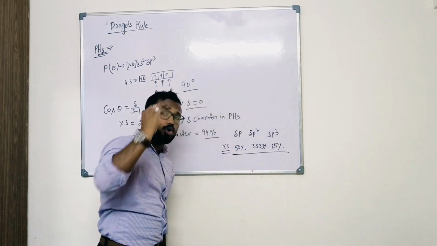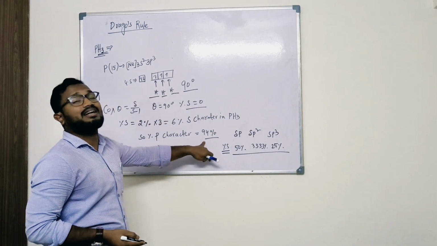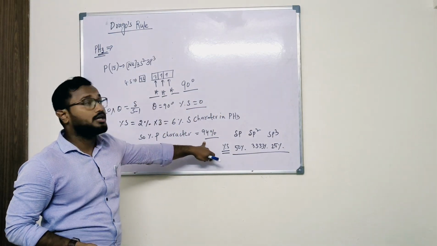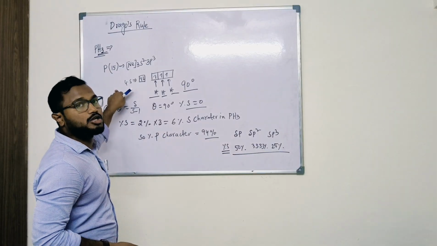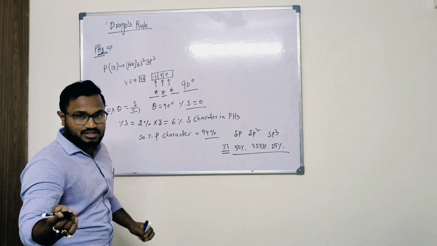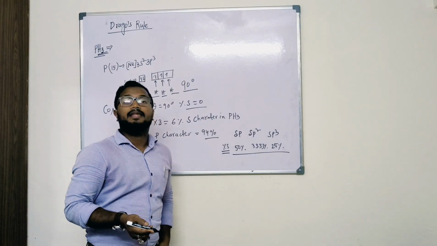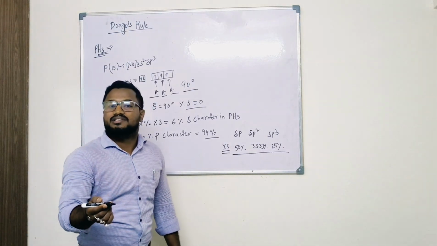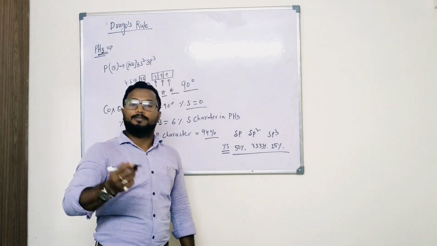So there is no case where percent s character is 94%. So basically hybridization of PH3, AsH3, SbH3, H2S, H2Se, H2Te is not possible.